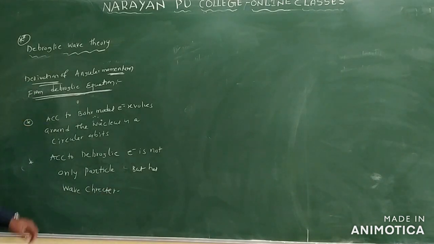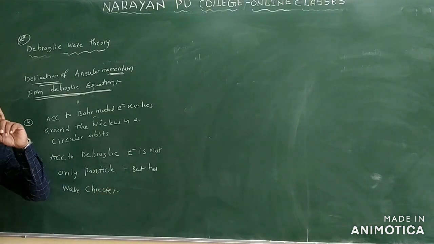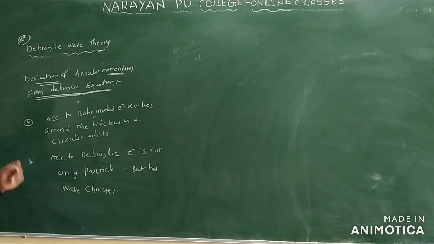These are the assumptions. From the Bohr model, electrons revolve around the nucleus in circular orbits. According to de Broglie, the electron is not only a particle, it has some wave character also.